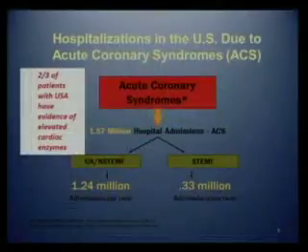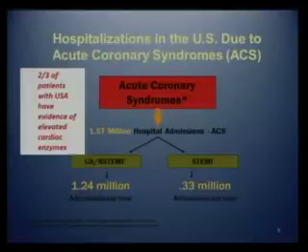So for acute coronary syndrome, we have over 1.5 million admissions a year in the United States. Most of them are unstable angina, non-ST elevation MI, or we can call it non-STEMI ACS, about 1.4 million, and 0.33 million are ST elevation MI.